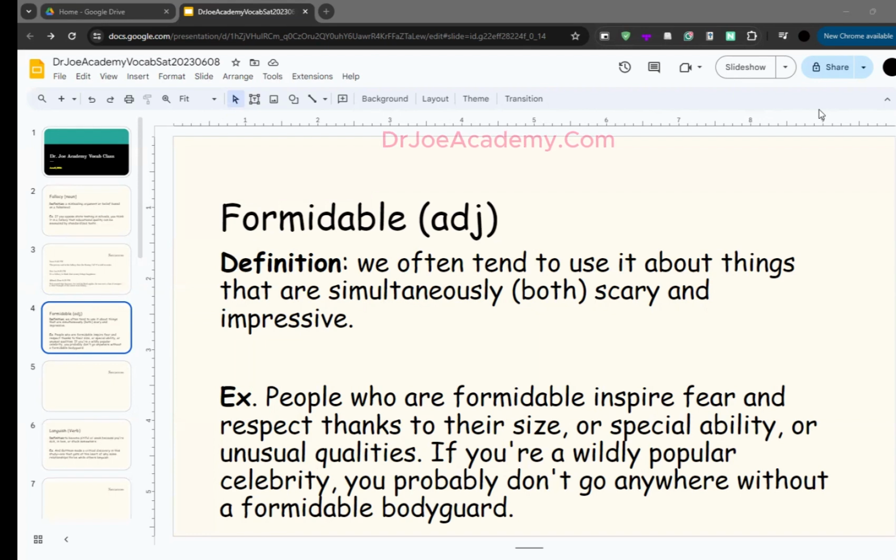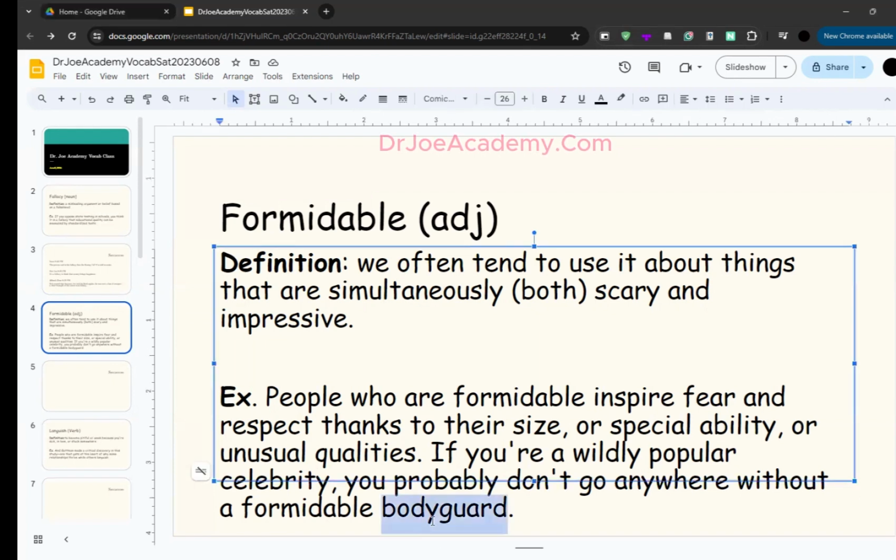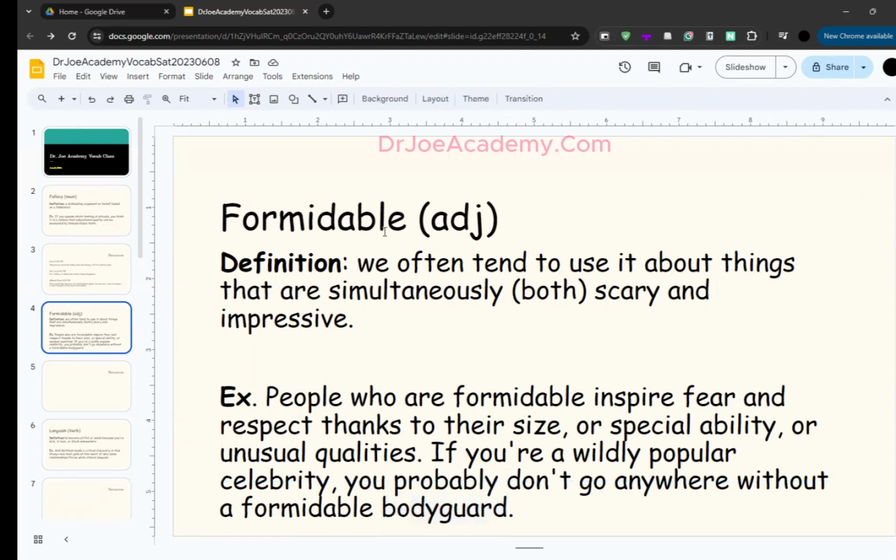So it's kind of like a synonym for the word impressive, but it is so great, so special, and so unique that you're kind of scared by it a little bit. So a bodyguard is a good example because normally bodyguards would need to be very impressive, that you would also have to be a little bit scared of them because they are meant to protect someone, so they need to be a little bit scary too.